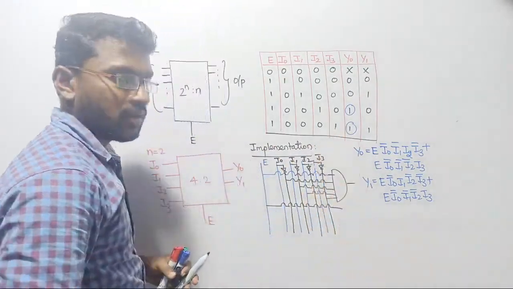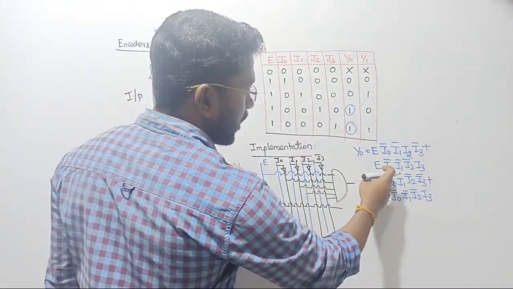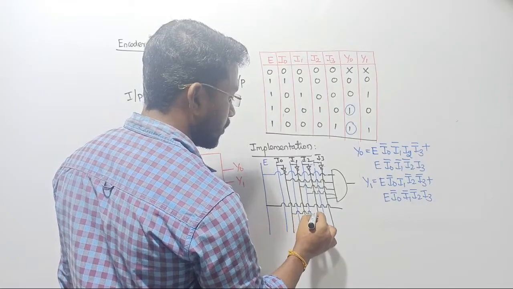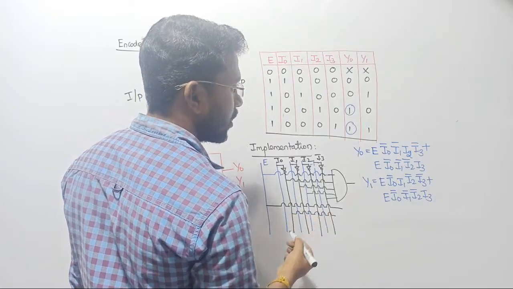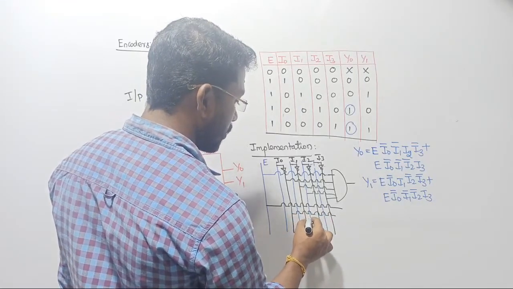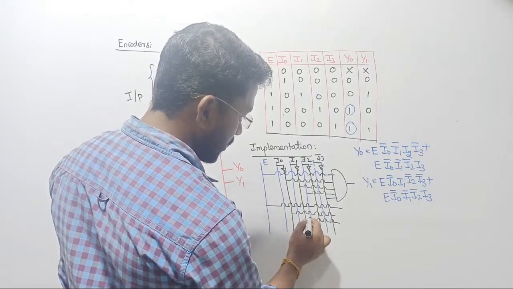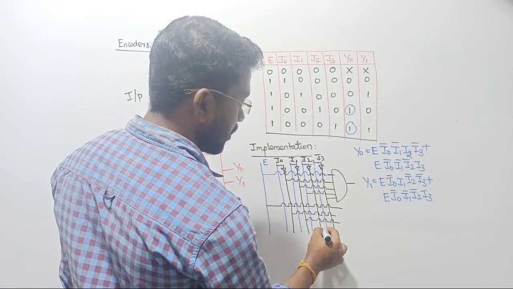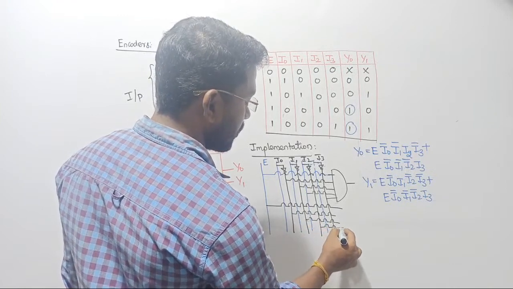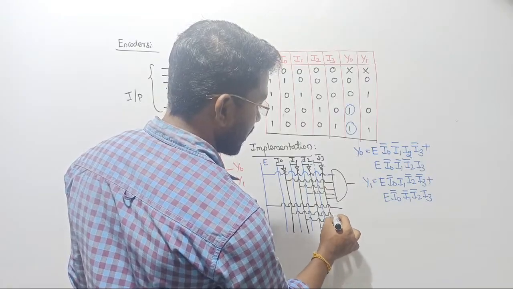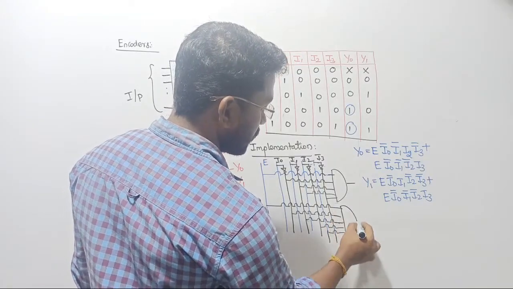Next, I naught bar, I1 bar, I2 bar. I naught bar, we should take the line from here. I need I1 bar, this is going to be I1 bar, and I need I2 bar, this is going to be I2 bar, and I need I3, this is going to be I3. So let's join them together, such that this is going to be the output.